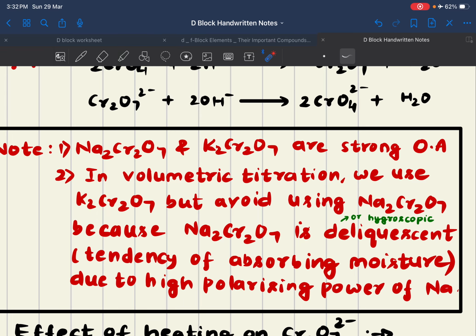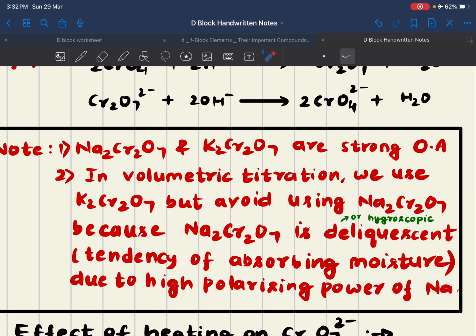One more thing I would like to explain: in volumetric analysis, like volumetric titrations, we prefer K2Cr2O7 but we avoid Na2Cr2O7. Why? Because Na2Cr2O7 is deliquescent in nature.